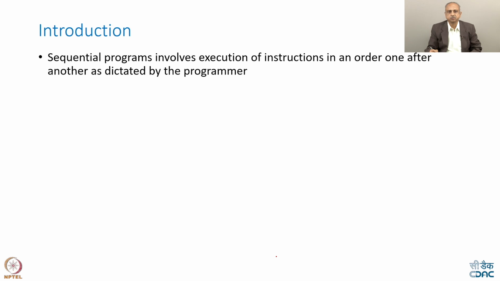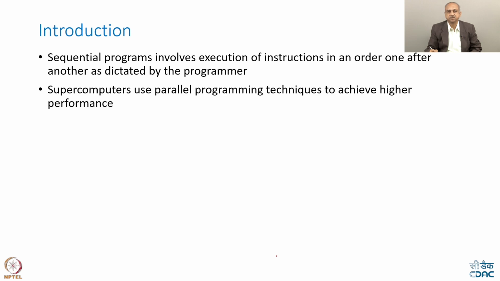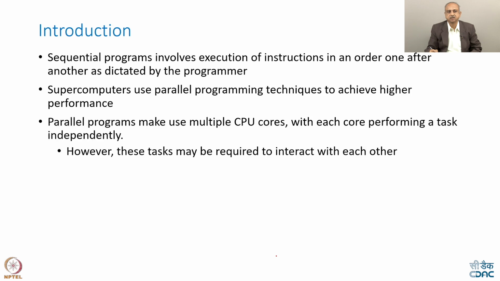As you all know, sequential programs involve execution of instructions in an order, one instruction after another, which is decided by the programmer. A simple C program is an example of this. However, supercomputers use parallel programming techniques in order to achieve better performance.